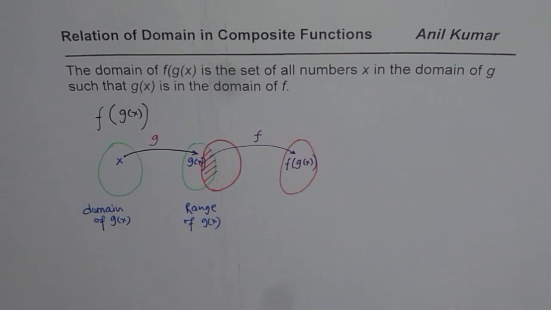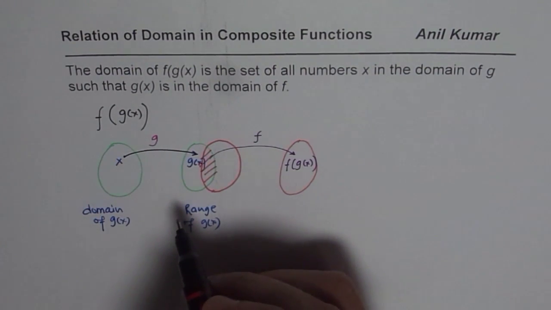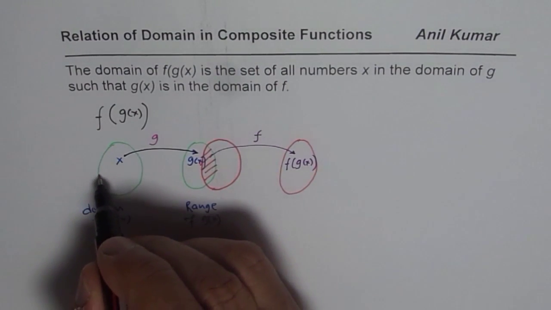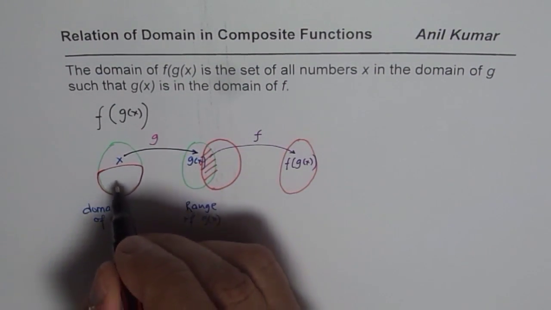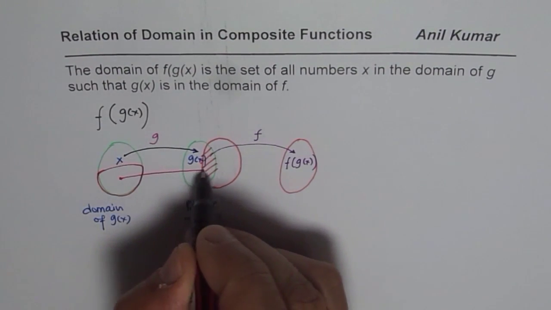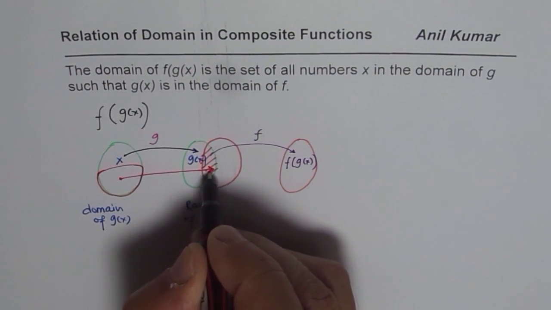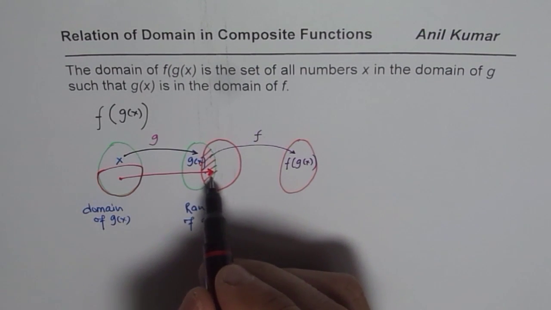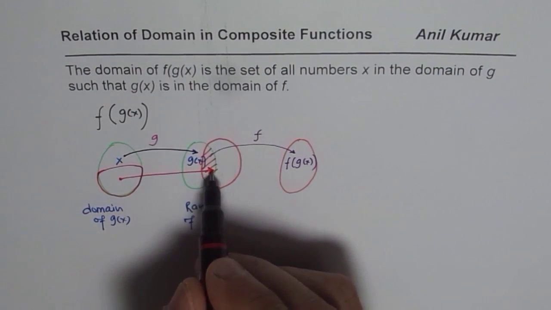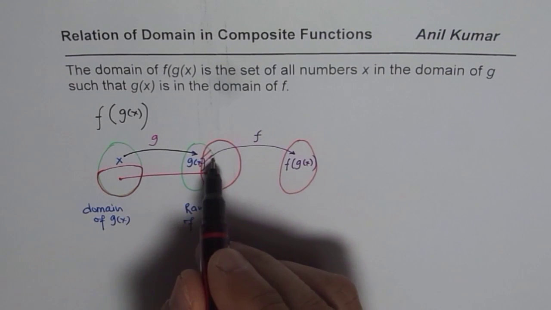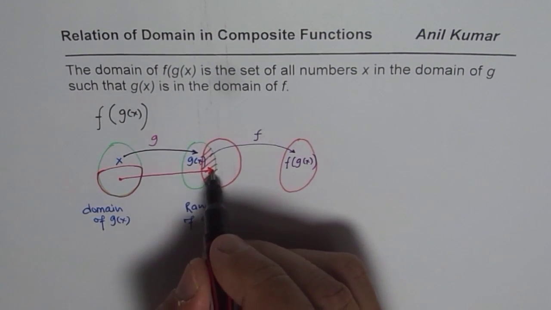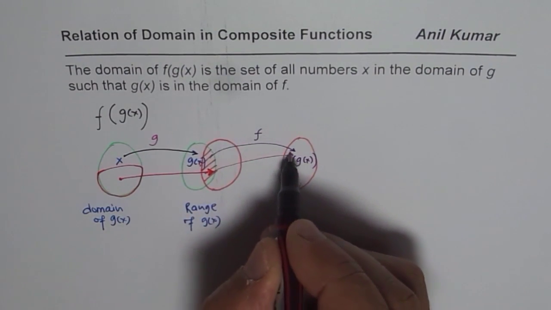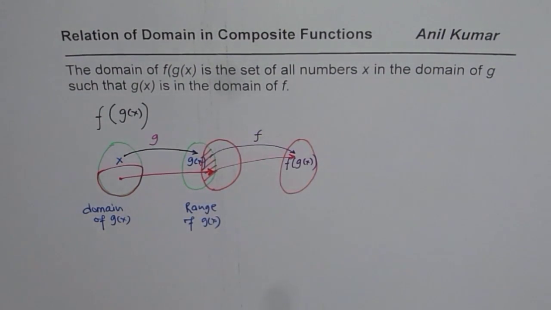In fact, normally there will be only a few inputs, right? For example, this is a set of inputs which will lead to this combination, which is common. The outputs which are good enough to be processed by f, which do not impose any restrictions on f, will further be processed to give you f of x.